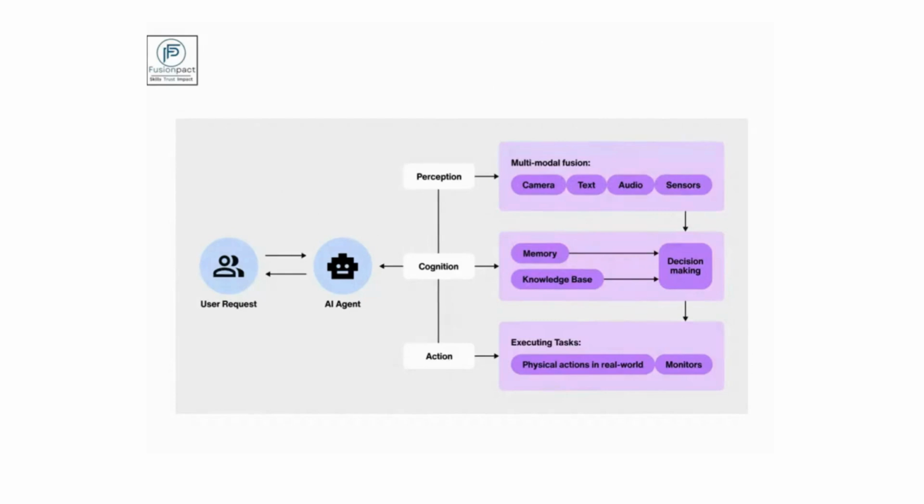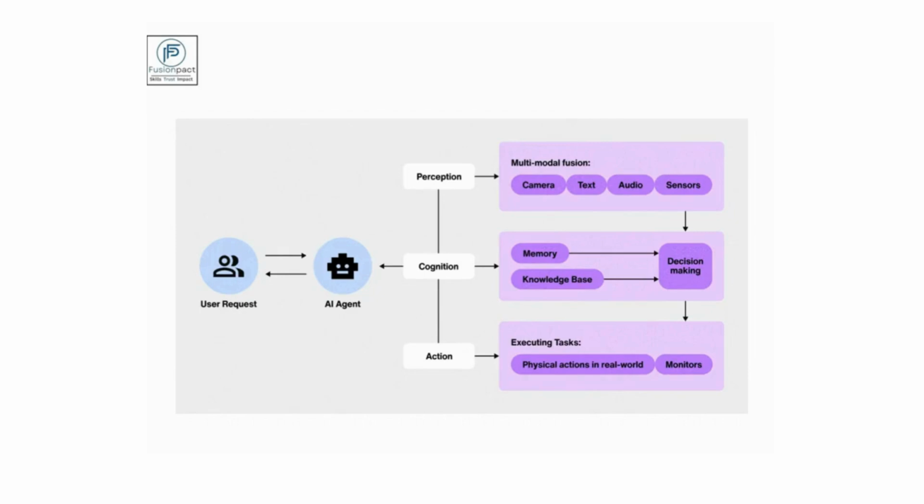So perception has multimodal functionality, like camera, text, audio, sensors. Whenever you present any images, audio, or text, whatever it is, it will analyze that particular thing. And cognition is nothing but the memory, the RAM that is present.